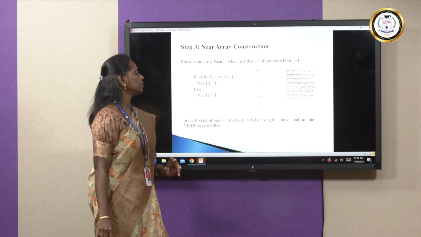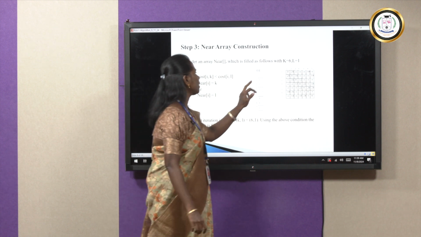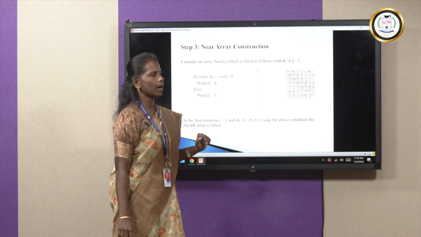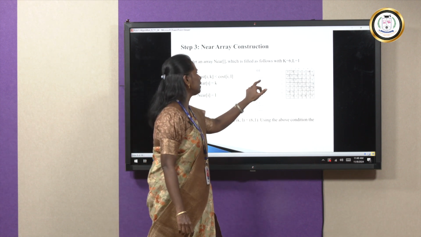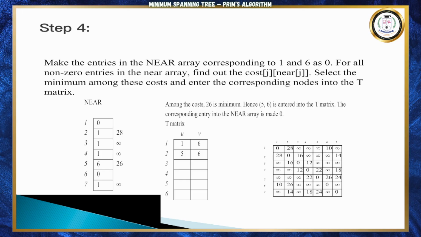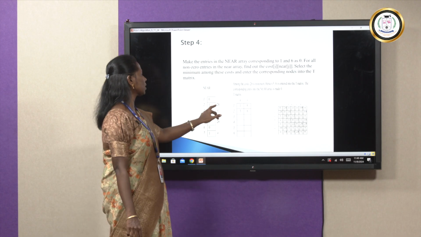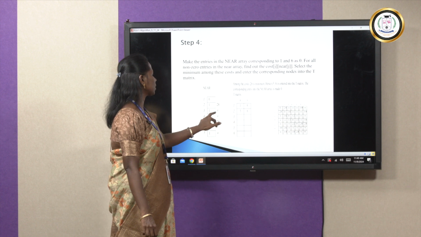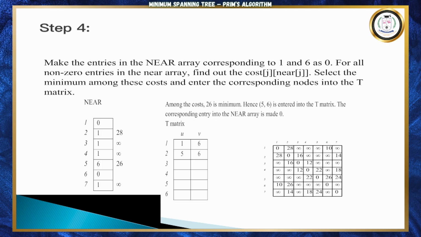Once we fill the near array, since 1 and 6 got an entry in the T matrix, we have to make the entry for 1 and 6 in the near array as 0. After that, find the cost for the remaining nodes. 2 to 1 the cost is 28, 3 to 1 the cost is infinite, 4 to 1 infinite, 5 to 6 the cost is 26, 7 to 1 infinite.